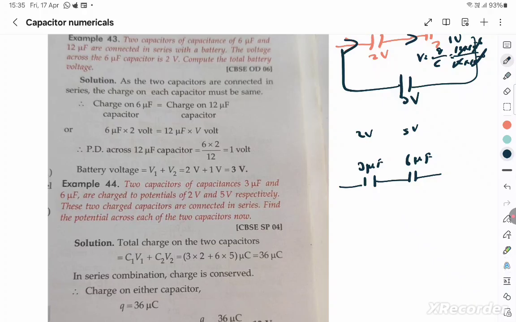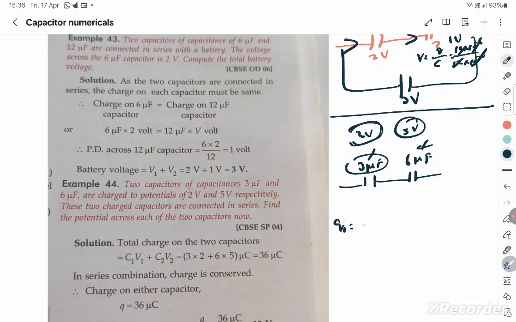You know what was the original charge. The 3 microfarad is this capacitance and 6 microfarad is this capacitance. What was the original charge when it was already charged to 2 volts and 5 volts? Q1 is equal to 3 into 10 to the power minus 6 into 2 volts, which is 6 into 10 to the power minus 6, or 6 microcoulomb.